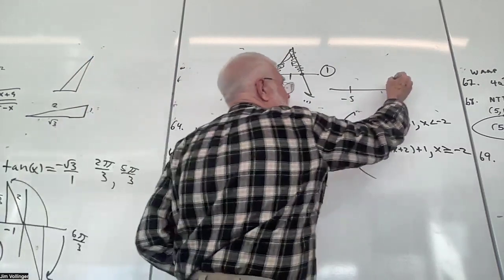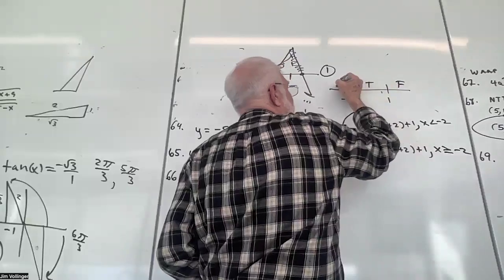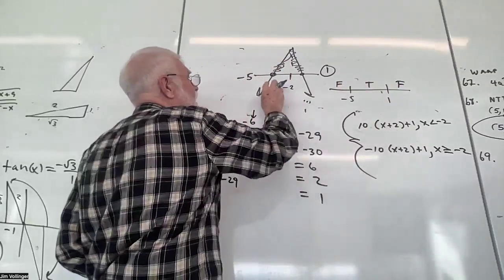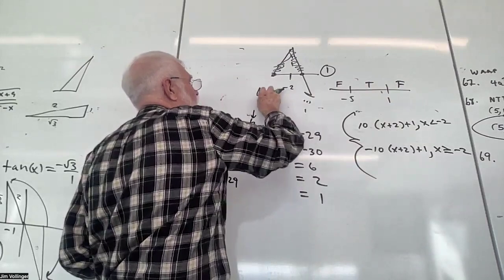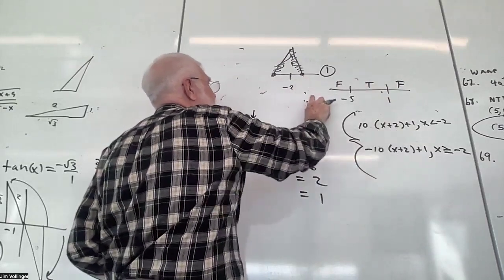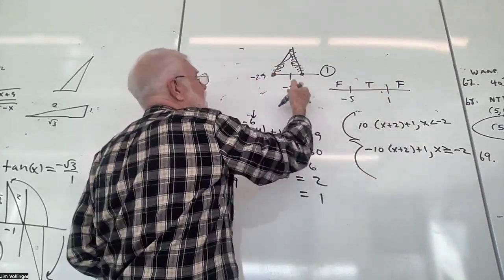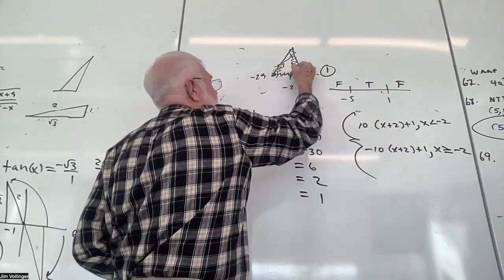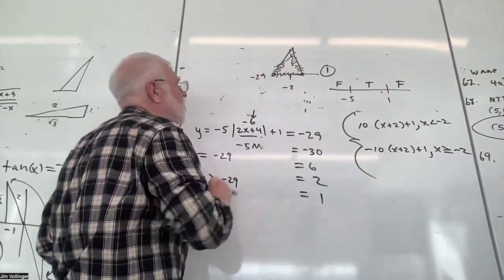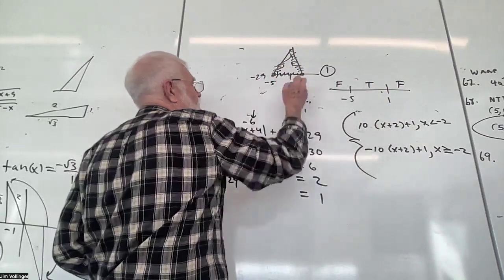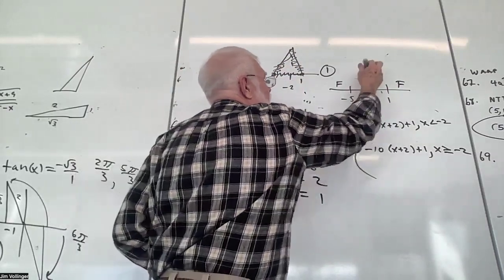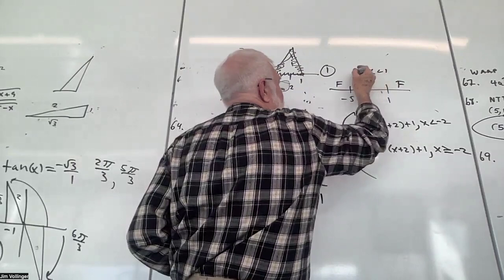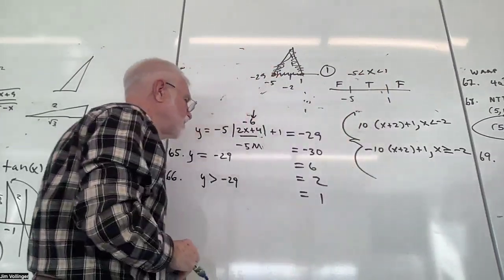All right, so this would be false. Therefore, we get the sign changes. And we said that these numbers don't work. Those y values are underneath a height of minus 29. These are not. And so these x's, all those numbers between negative 5 and 1 work. So x is less than 1, greater than negative 5 is probably the best way to communicate that.